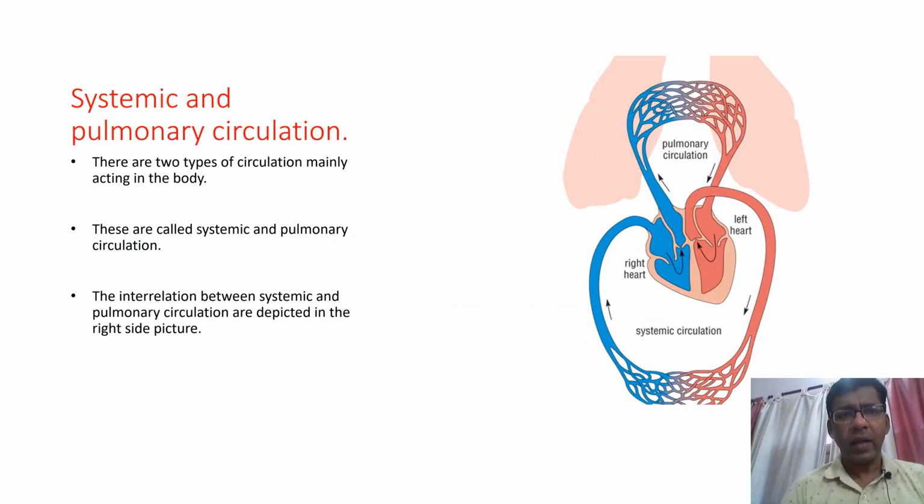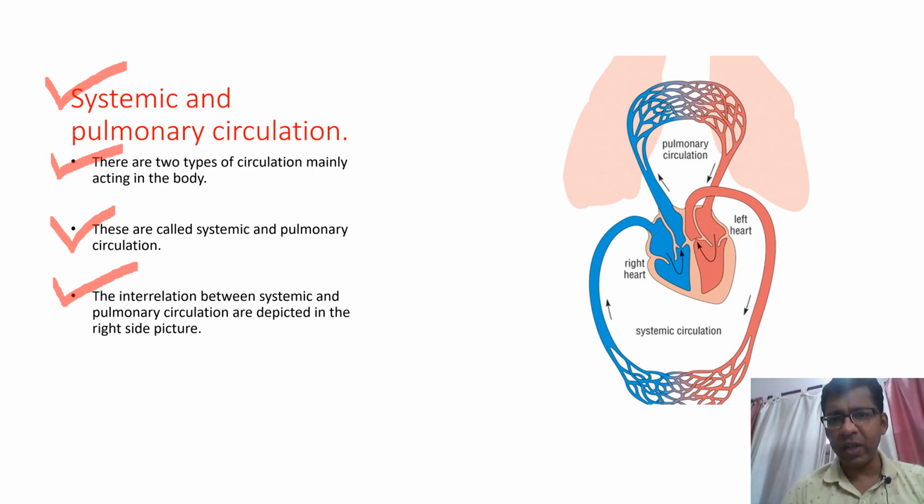Now coming to the systemic and pulmonary circulation. There are two major circulations in the body, systemic and pulmonary circulation. The interrelation between systemic and pulmonary circulation we will study in this picture. Suppose this is the heart and these are the two lungs.